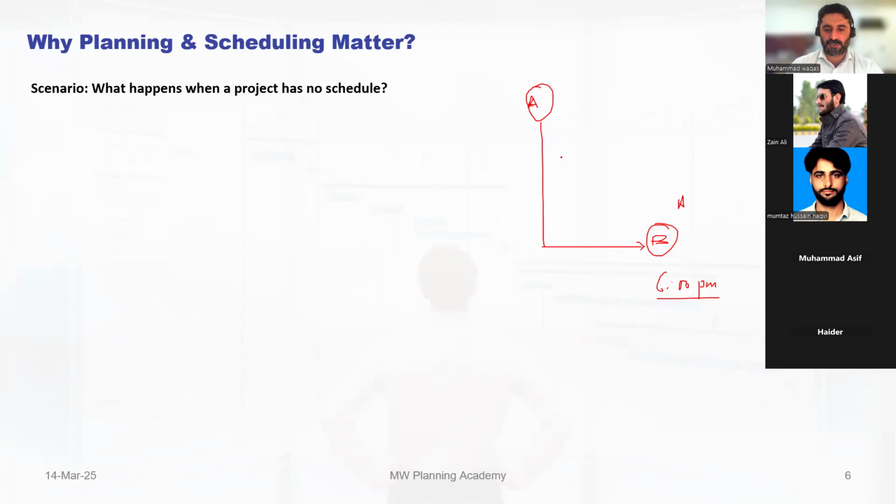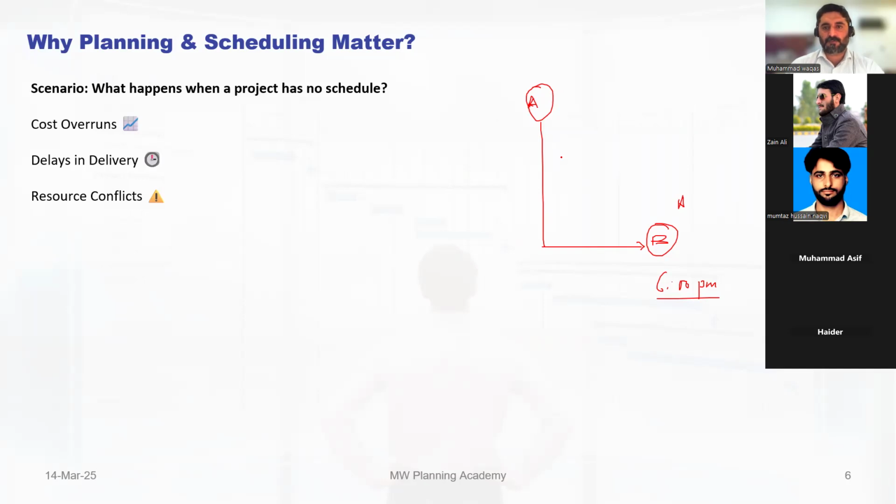For example, if there was no schedule, what would happen? There will be a cost overrun because he was coming by some car or metro or any service. There will be a delay in delivery. Of course, person A is picking something up and is supposed to deliver it to person B, so there was a delay in that specific delivery.